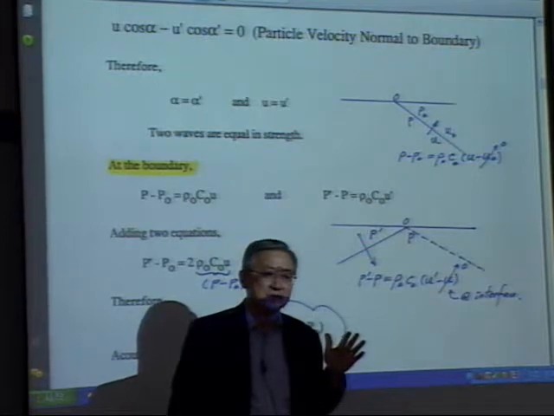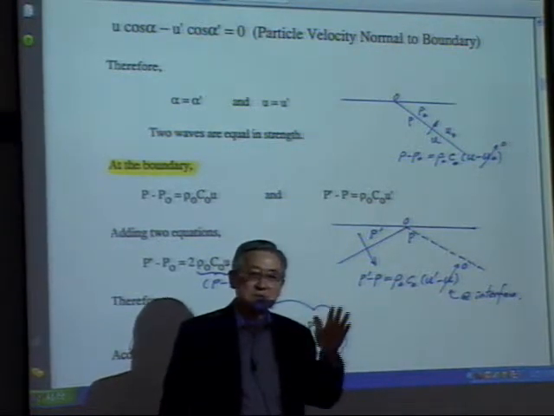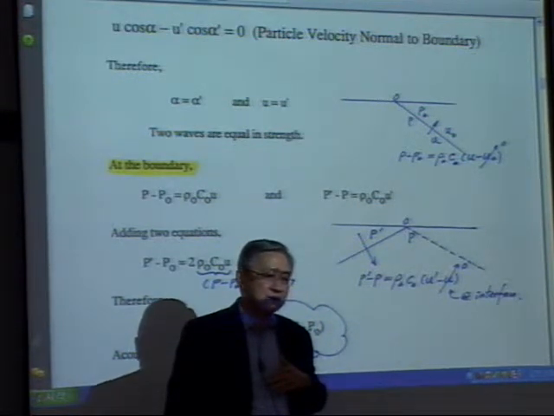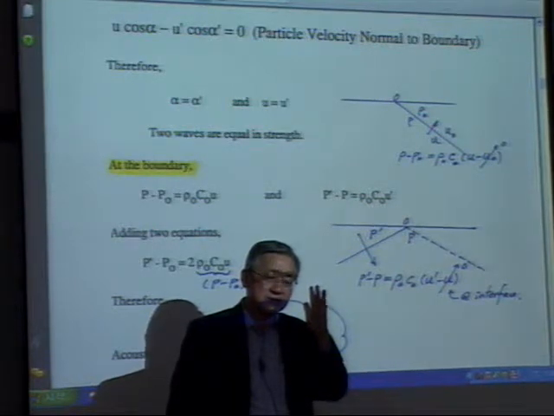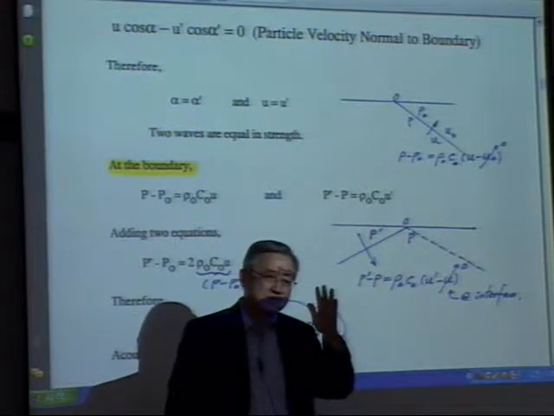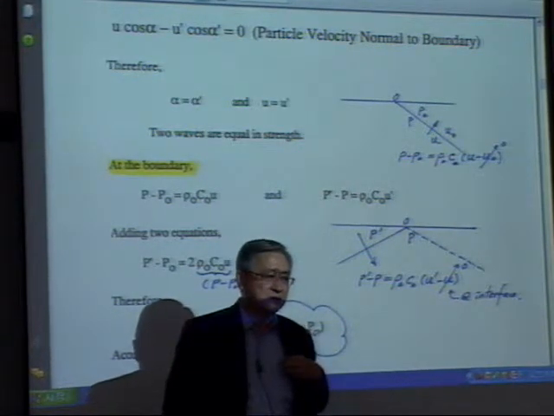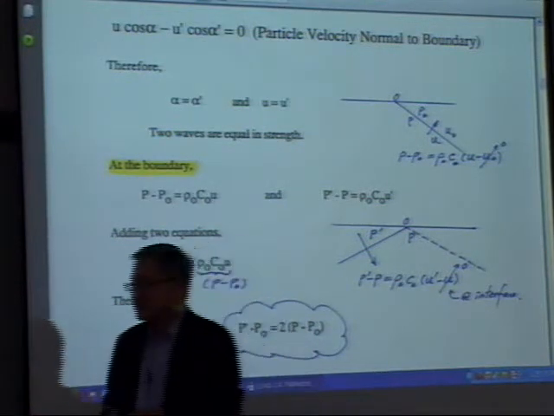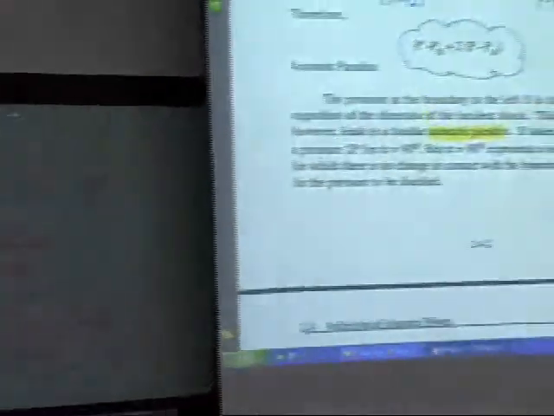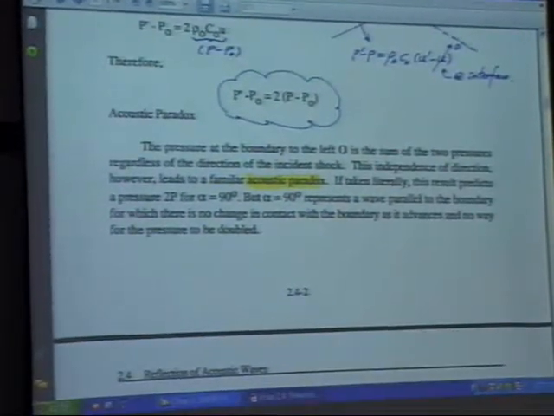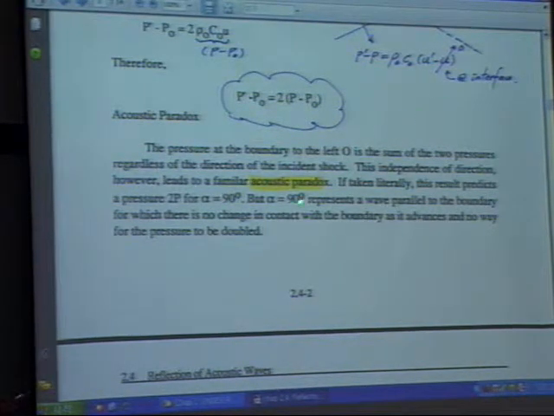Remember, this is if it's rigid. But is there anything which can be perfectly rigid? No. It's always flexible. But if the stiffness is really high, then you can think of it as rigid. However, there is one exception: when the wave is perpendicular to the rigid surface. When alpha is 90 degrees, there is no doubling effect. You have to exclude that situation. When alpha is 90 degrees, it is called the acoustic paradox.